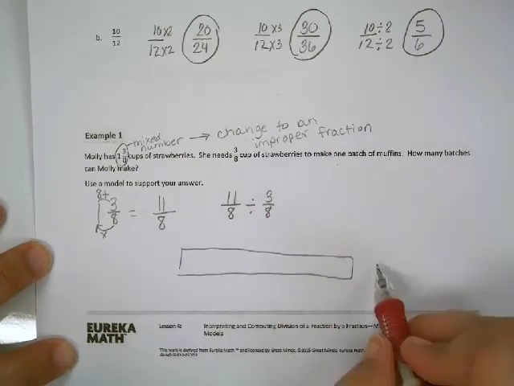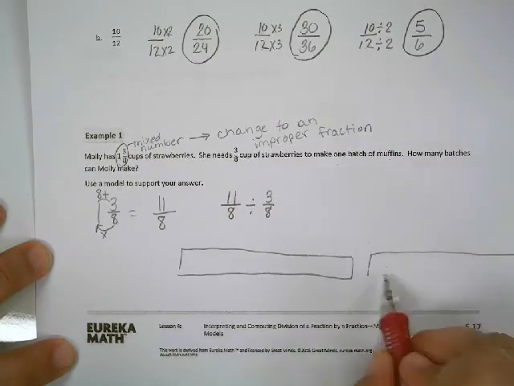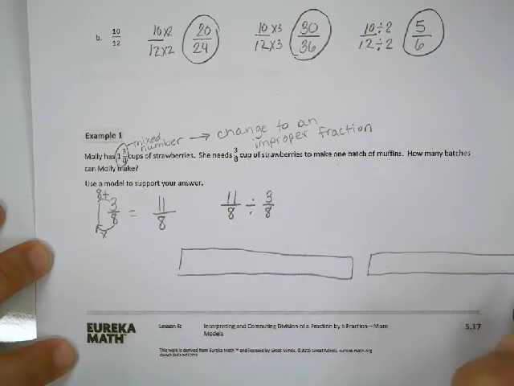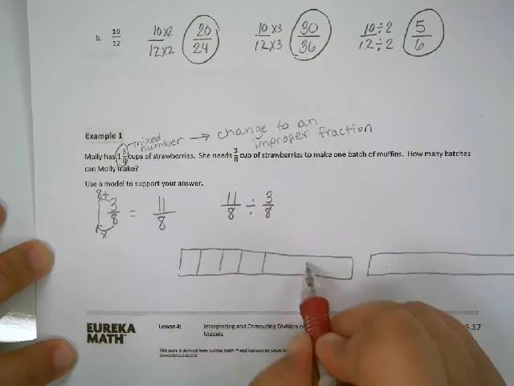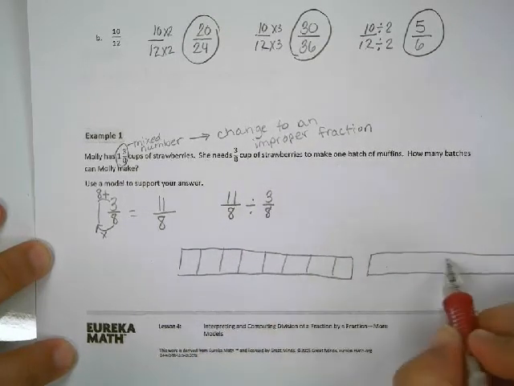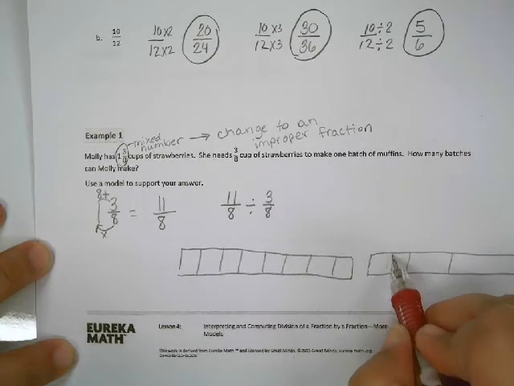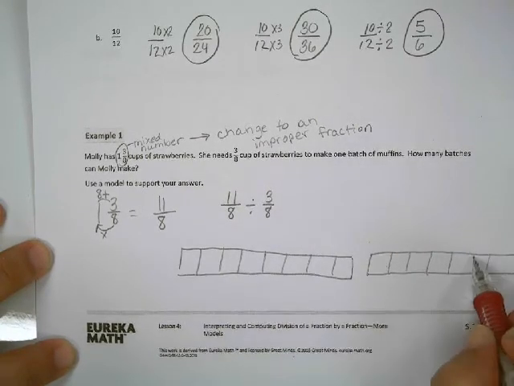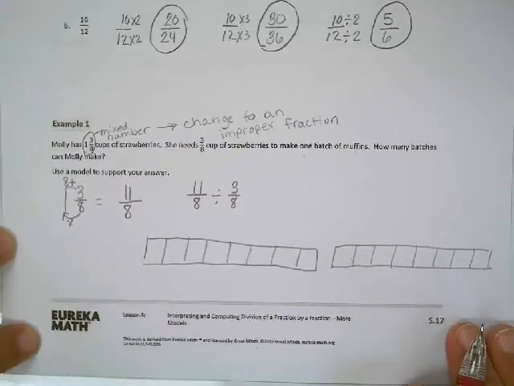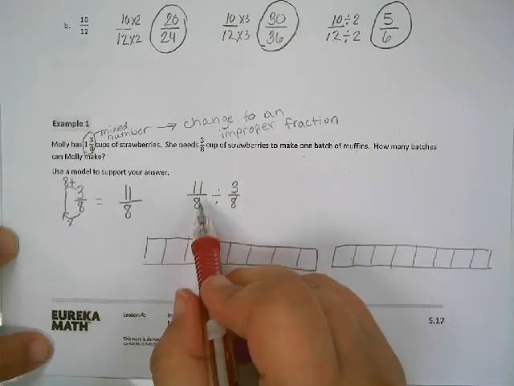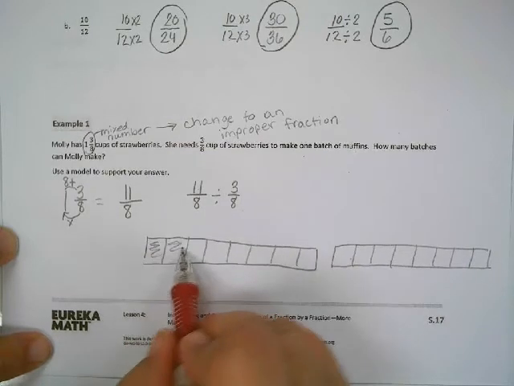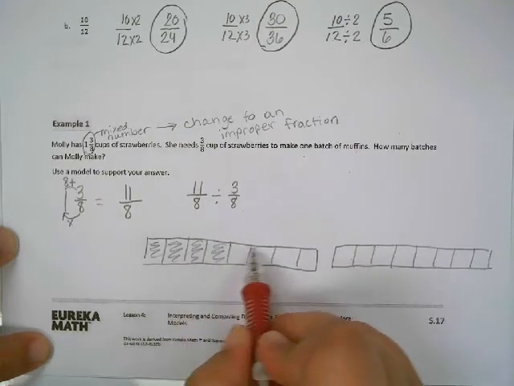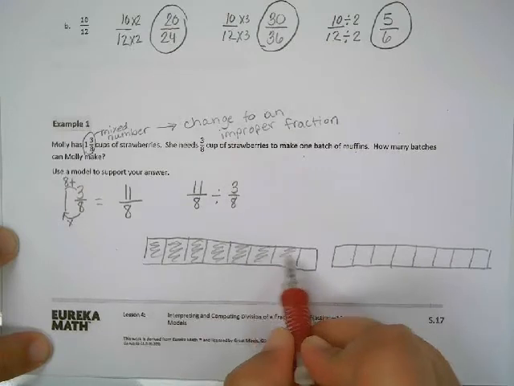Because it's an improper fraction, I'm actually going to need 2 parts. Because I have to color in 11/8. 1, 2, 3, 4, 5, 6, 7, 8.